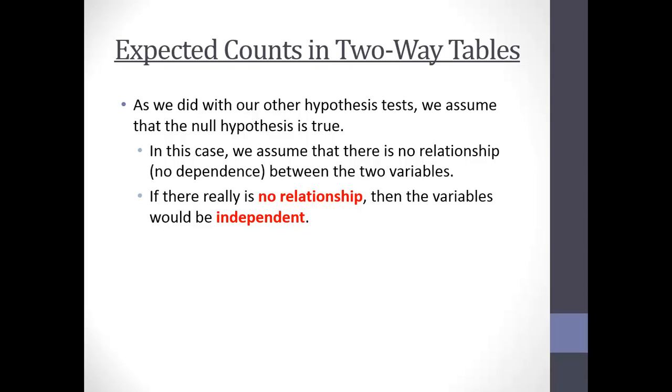What the null hypothesis says is that there is no relationship between the two variables. Another way of thinking about no relationship or no association is that they are independent. We've talked a lot about independence now, and we're coming back to that more here. No relationship between two variables means the same thing as them being independent.